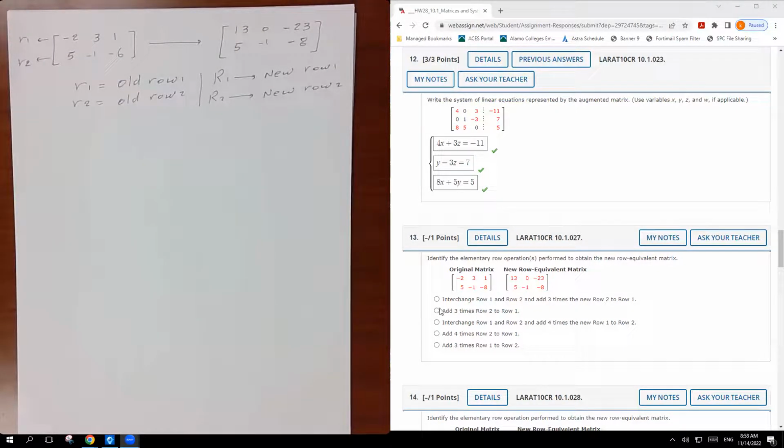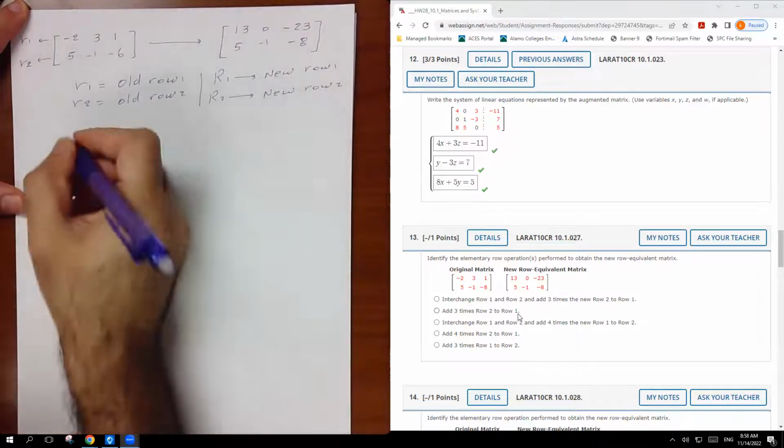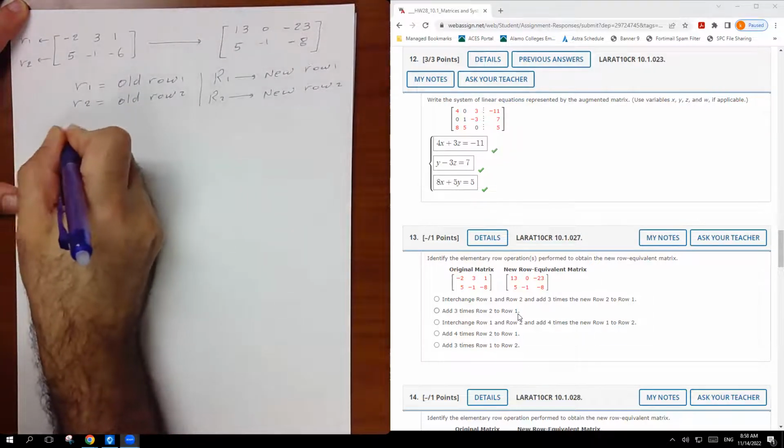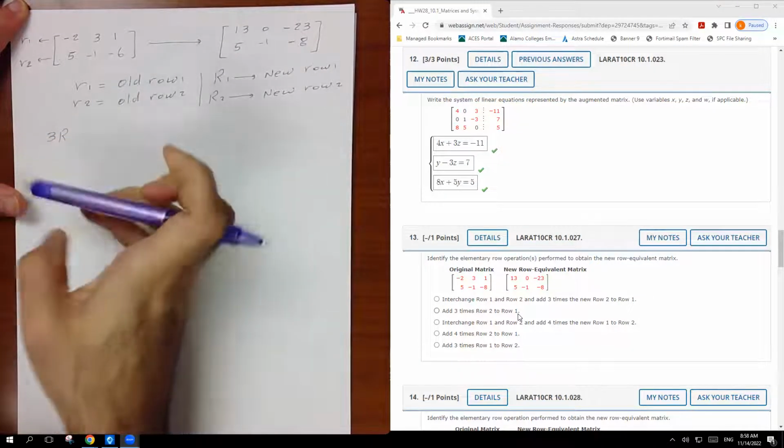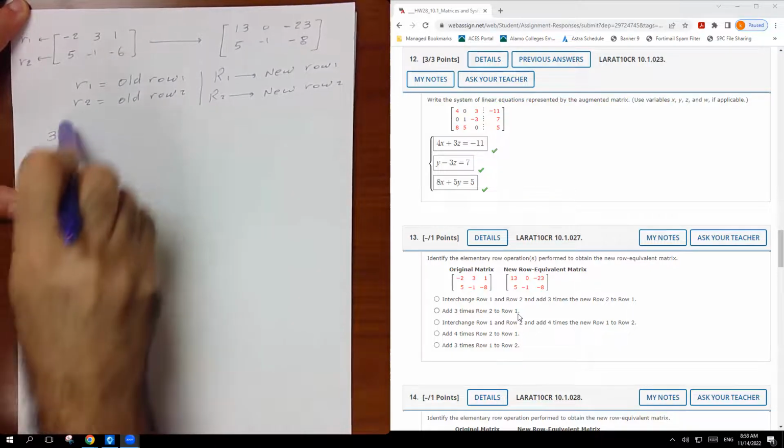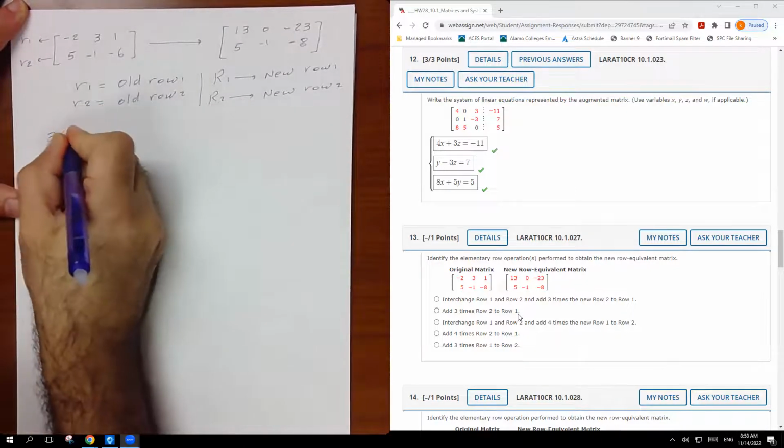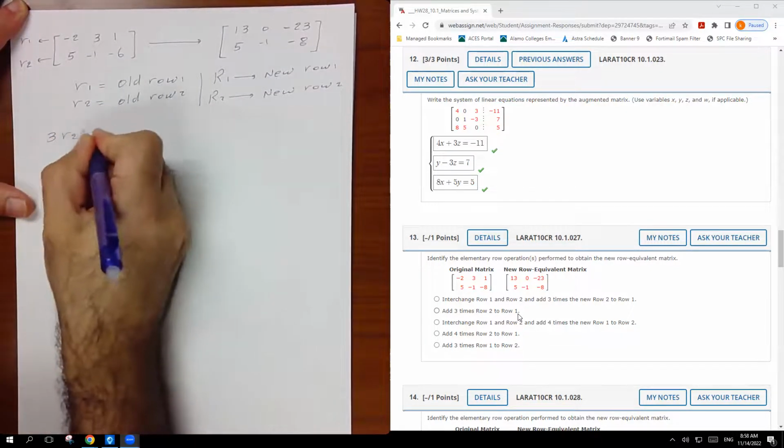Let's check here. Let's start with the second one. Interchange row 1 with row 2. This is the first one. I'm going to skip this one and go to the second one. The second one says, add 3 times row 2 to R1. That means 3 times row 2, and add it to R1.